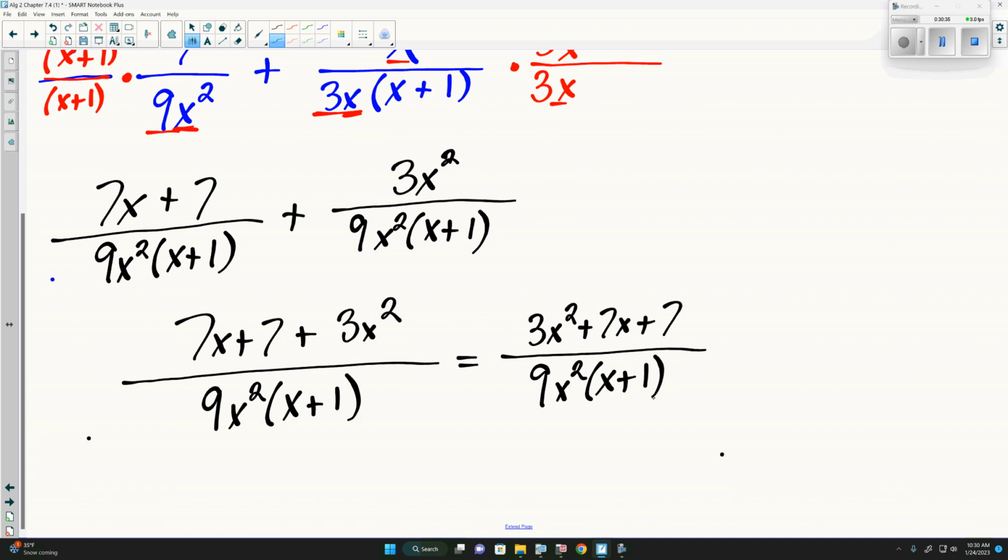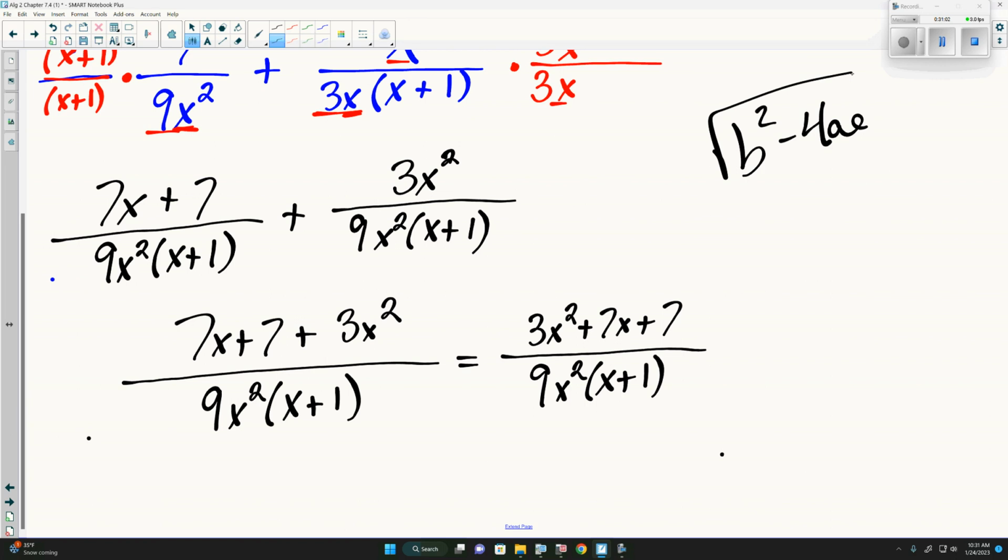So before we finish this up, is there a greatest common factor in the numerator? Is there a number or variable that will go in all three? No. Will it factor? It doesn't look like it might, but we can check the square root of b squared minus 4ac, because with quadratics, if this comes out to be a whole number, then it is factorable.